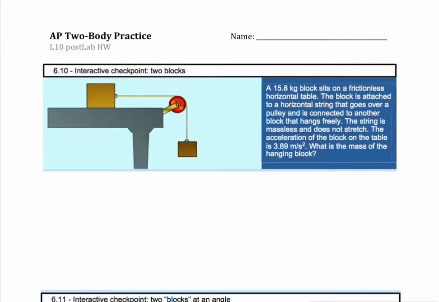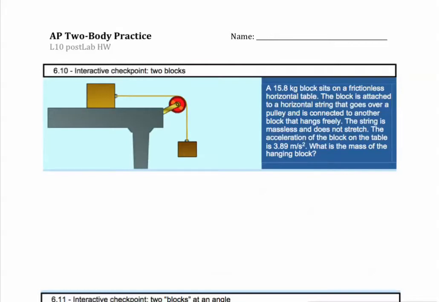I'm not going to go into the actual solution, but if you're asked about the acceleration, of course, we can treat this whole thing as one system. It works similar. And then if we're asked a question in the course of the homework about a tension, for example, after you have the acceleration, you could go ahead and treat it as one of its parts. And that little procedure should help you with both of these problems.